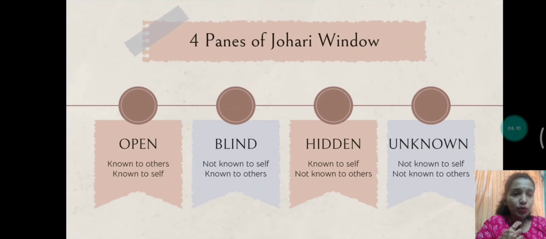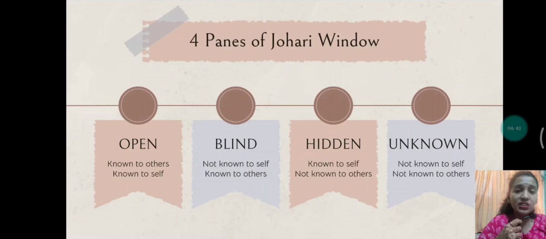Moving ahead, it consists of window panes, which we can say are four rooms. First is open, known to self and known to others. Next is blind, not known to self but known to others. Next is hidden, known to self, not known to others. Last one is unknown, not known to self and not known to others.